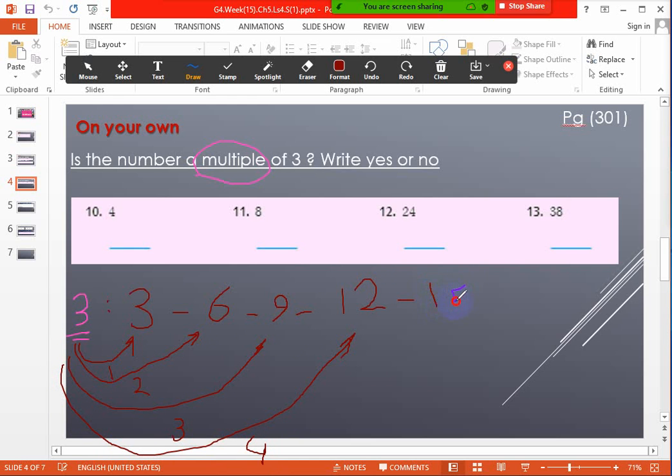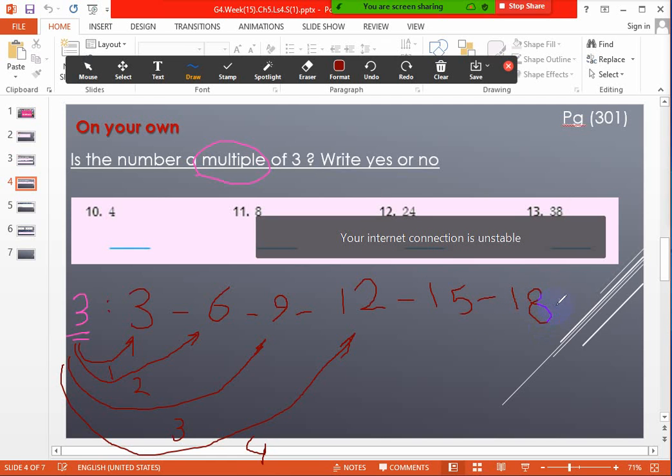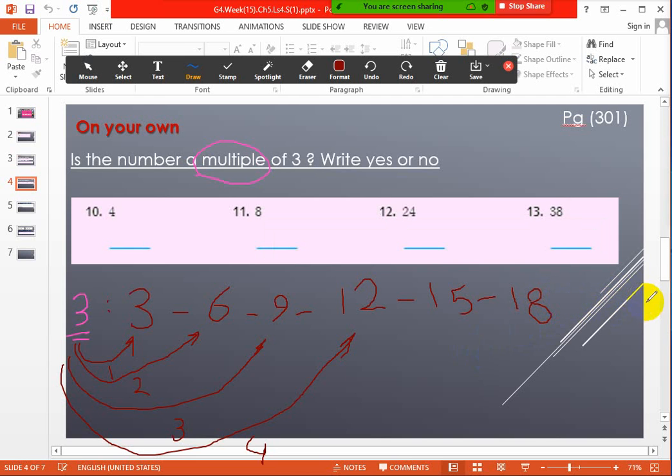Equals 15. Now 3 multiply 6, girls. Where are you? 18, etc. Okay? You can continue and write all the multiples.